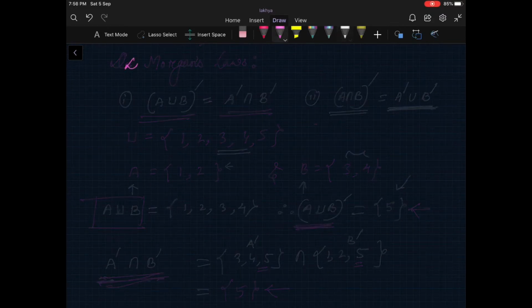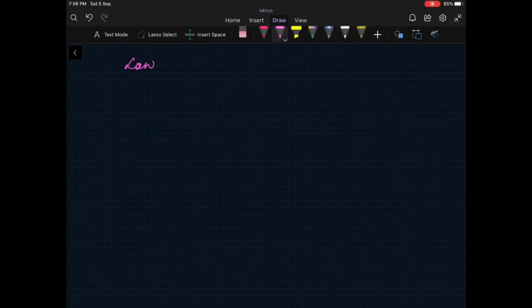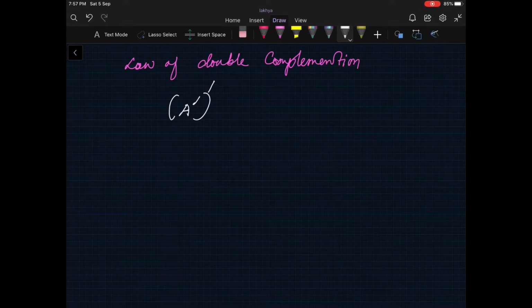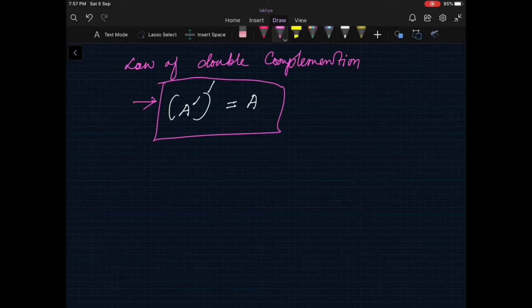Okay, so our next law is the law of double complementation. So what is the law? Complement of A complement gives A. Okay, so that means you can see there is double complementation.